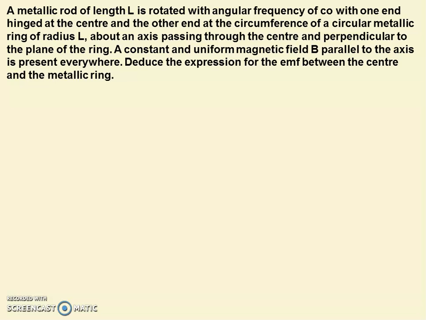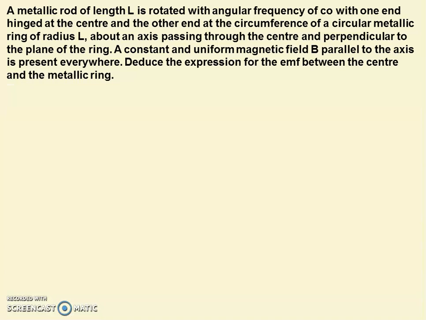A metallic rod of length L is rotated with angular velocity omega, with one end fixed at the center and the other end at the circumference of a circular metallic ring of radius L, about an axis passing through the center and perpendicular to the plane of the ring.